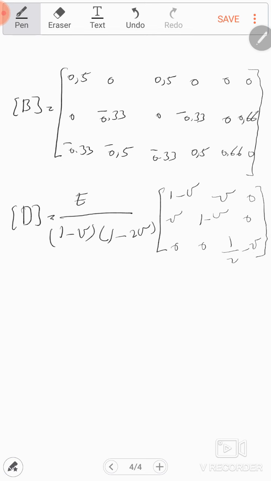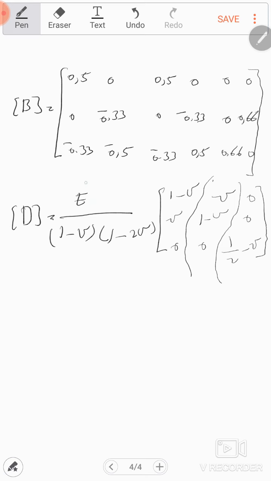This matrix is 3 by 3. Then just substitute your values here.